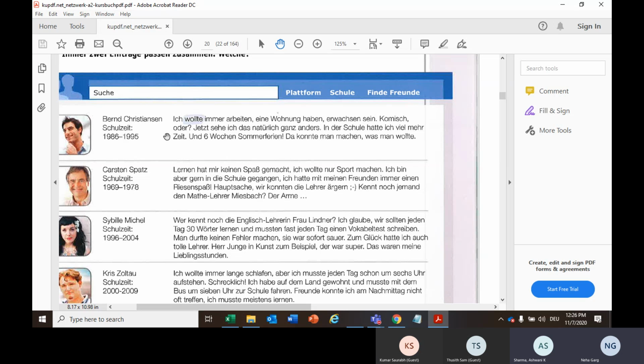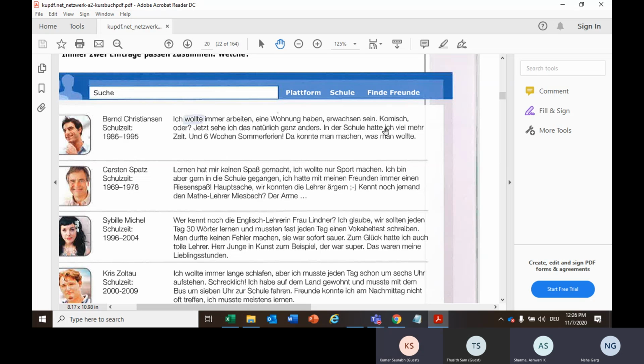This is really pretty, isn't it? Das ist sehr schön, oder. So when we place a statement and then oder with a question mark after it, it means isn't it. Now, jetzt sehe ich das natürlich ganz anders. Now I see it, naturally, totally different.